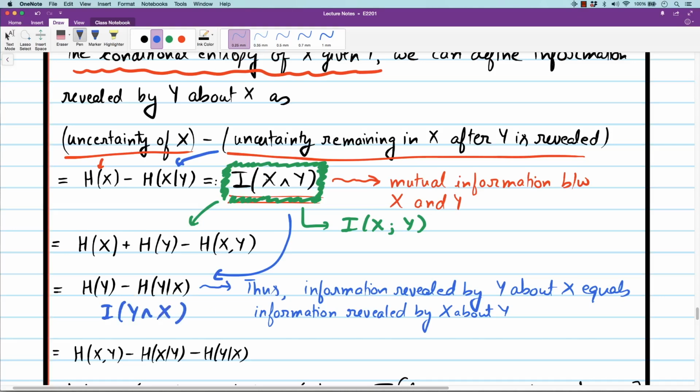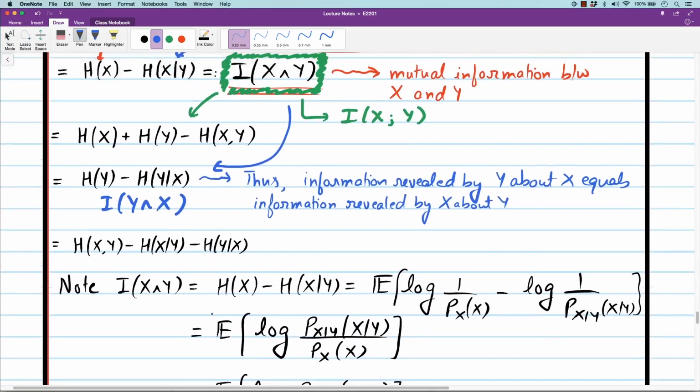The reason I prefer this wedge notation is because this answer is the same. It's symmetric. So mutual information between x and y is the same as mutual information between y and x. This is quite counterintuitive to begin with, but slowly you get used to it: the information revealed by y about x, according to this notion, is the same as the information revealed by x about y. This is just symmetric. It's a feature of the notion of information that we have come up with.